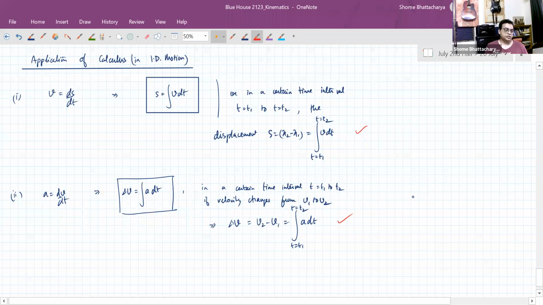So let's look at a particular example. So now what happens is that at t equal to 0, a particle starts from x equal to 0 with an initial velocity of plus 20 meters per second along the x-axis.